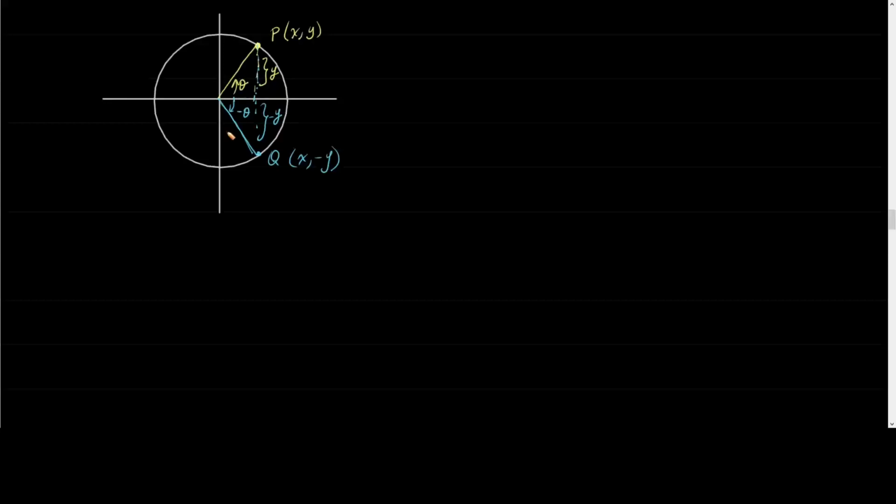Now, perhaps I'll do it this way. This distance being just x. All right. Now, why do I care about this? Well, let's consider the following. If I have cosine of negative theta, well, from here, and remember this is the unit circle, so the hypotenuse is just 1.